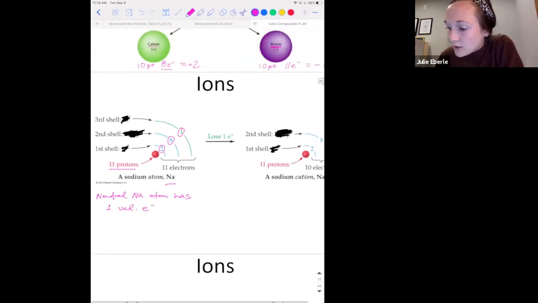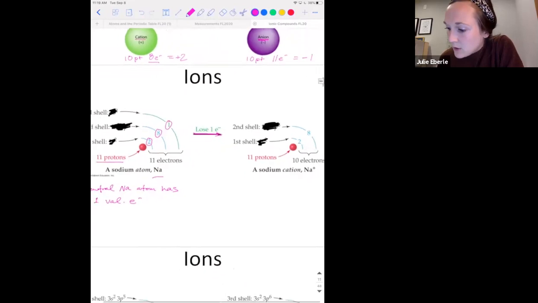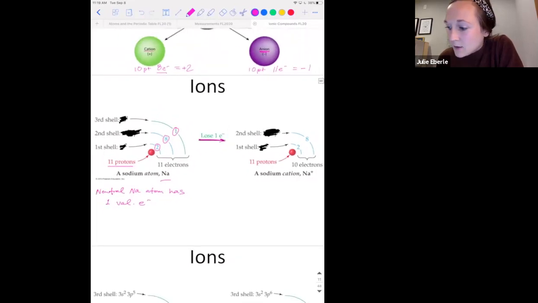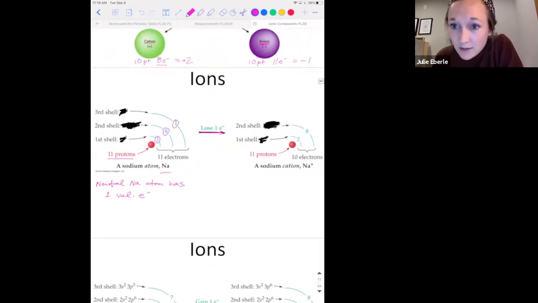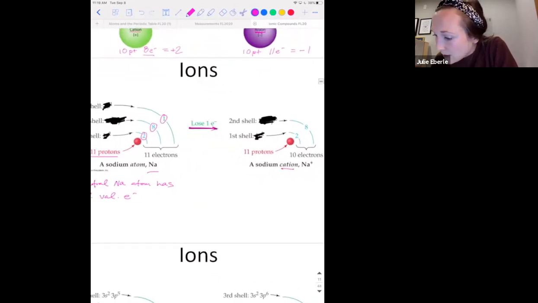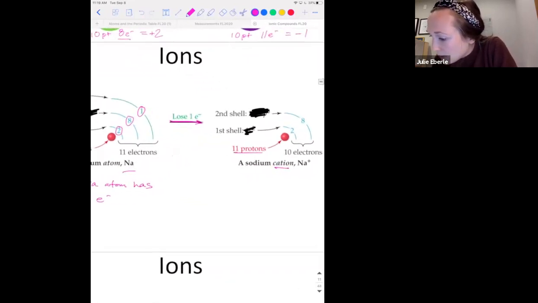Now, let's follow this process here. If we follow the arrow over, if we lose an electron, what happens? Well, we have no electrons now in that outer shell. If you have no electrons, the shell disappears, okay? So we have decreased the size of this cation. We now have a cation because, look, we did not change the number of protons.